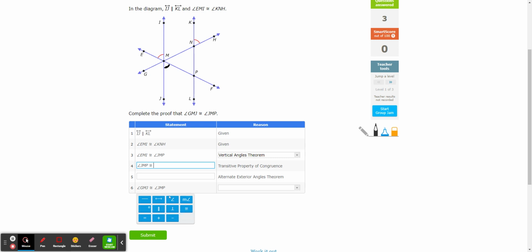Congruent. And make sure you use the angle that they give you. Don't use the less than greater than sign over on your keyboard. KNH. Again, that's the old transitive property.